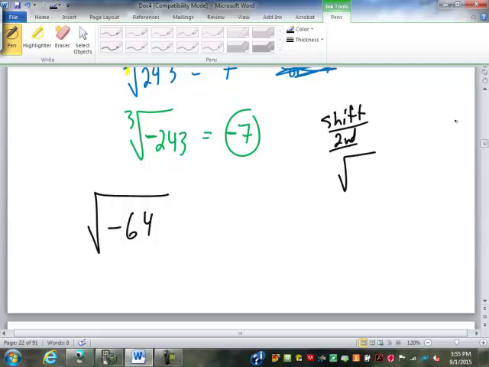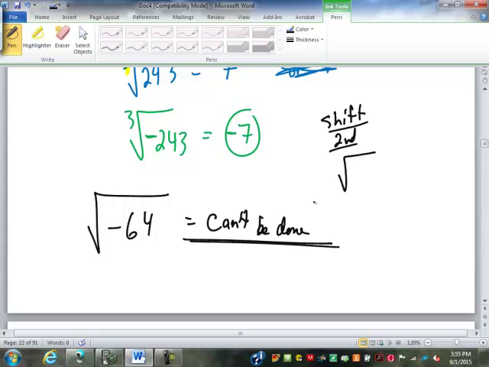Some of you, if you have an older model of a TI-30, might have to type in the negative 64 first and then hit the square root key. What's it tell you either way? Gives you some sort of an error, doesn't it? Calculator doesn't like that. Why is that? Because this can't be done.